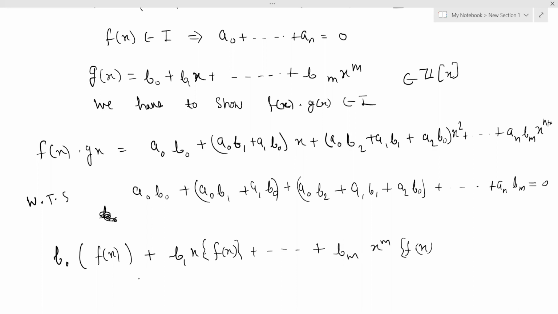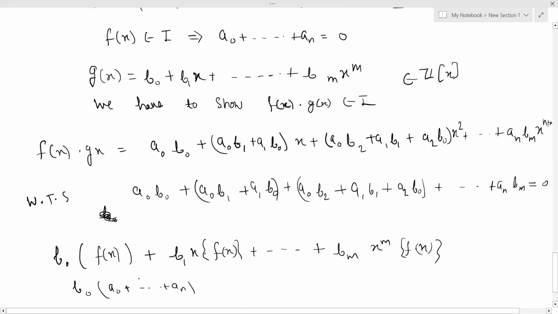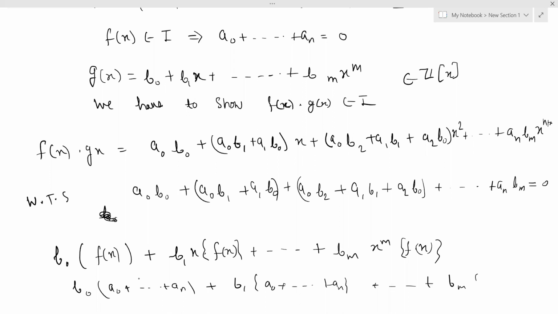So now see, we just want the sum of coefficients. Here the sum of coefficients is b naught times (a naught plus so on plus a n). Here the sum of coefficients is b1 times (a naught plus so on a n). Similarly here the sum of coefficients is bm times (a naught plus so on a n).